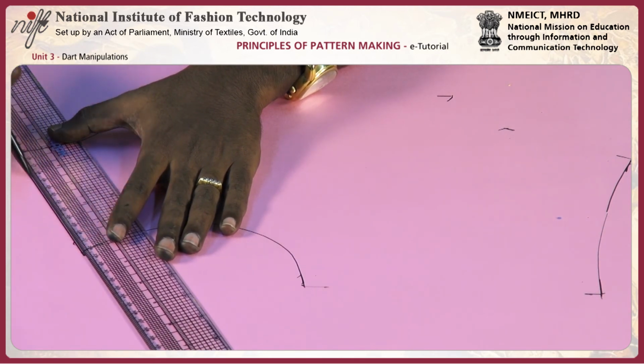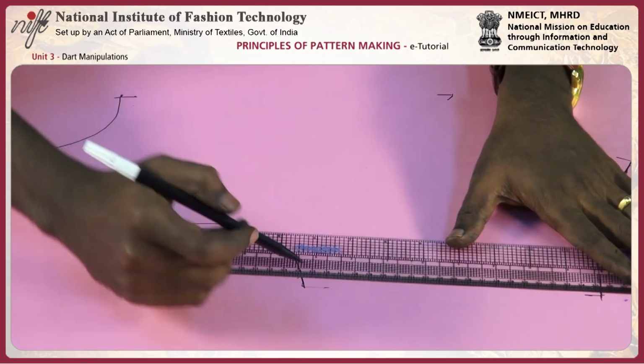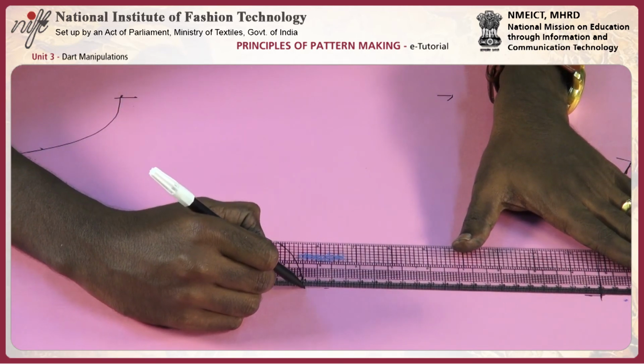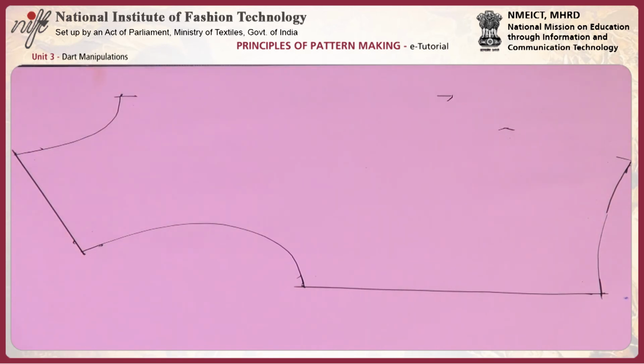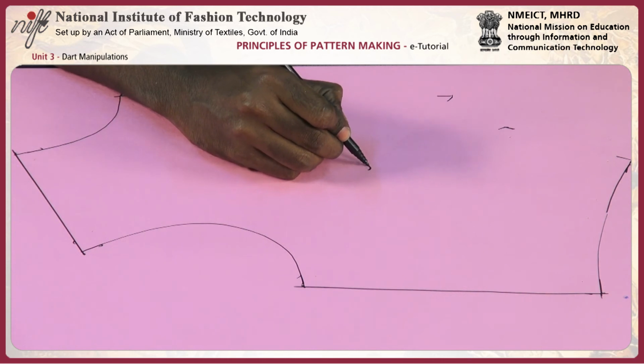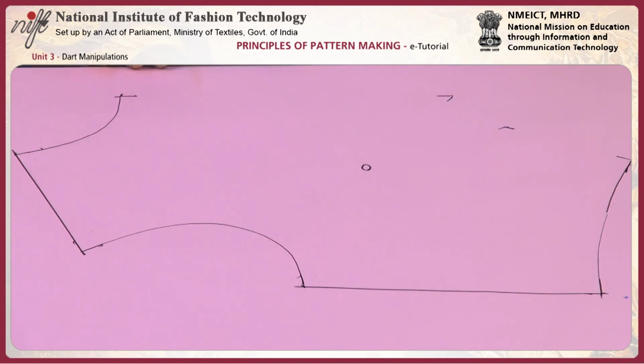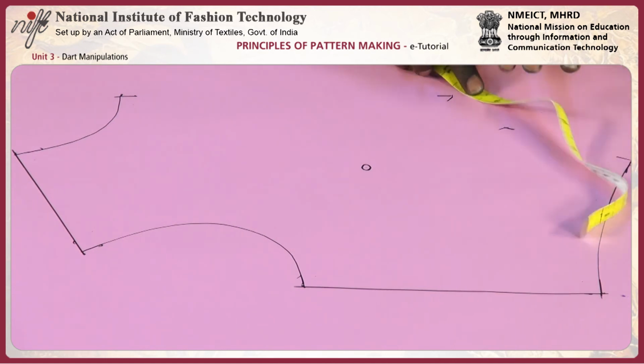Draw the shoulder line. Draw the side seam. Mark the bust point. Mark the midpoint of the dot.